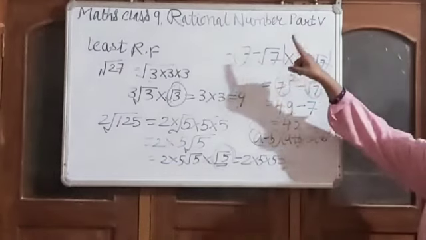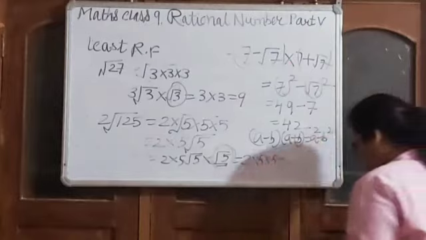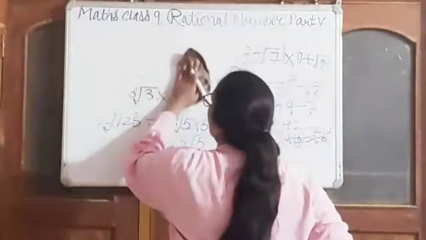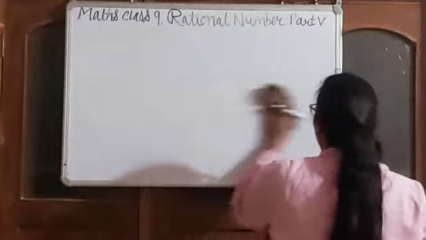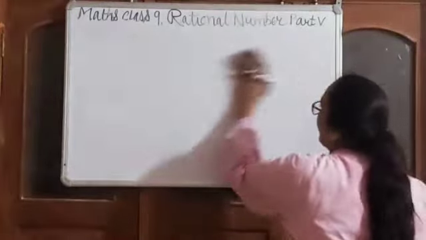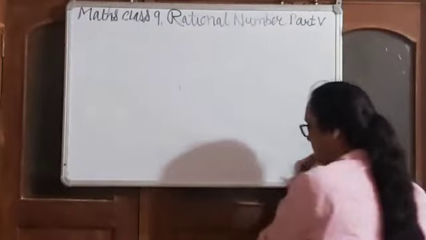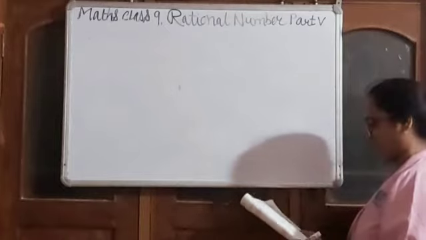So we have to multiply by the irrational number that gives a rational product. That number is the least rationalizing factor.